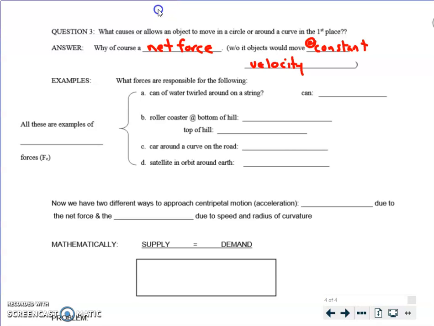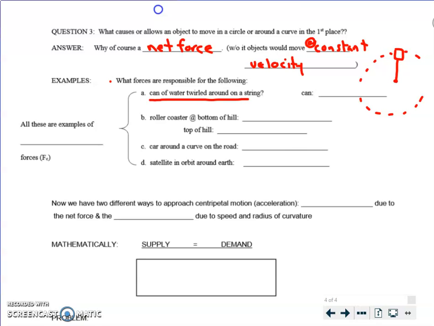Okay, so let me give you some situations here because we'll be doing mathematical examples later on. I'll show you in class, if I haven't already, what if I twirl a can around on a string? Imagine, you don't have to draw this, here's my can, here's a string, and it's going around and around in a vertical circle. Here's my hand that's twirling it.